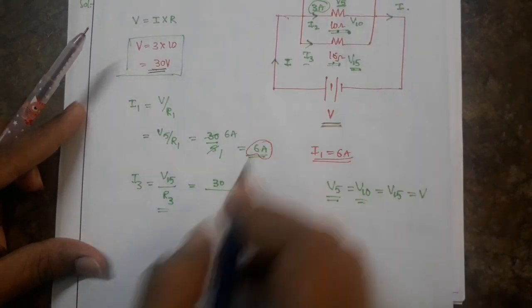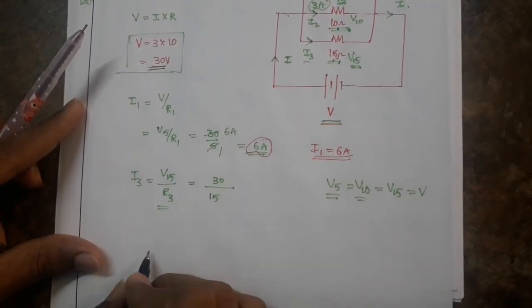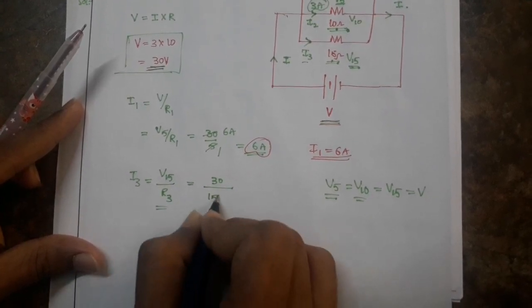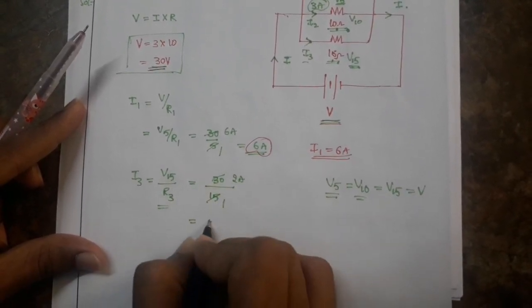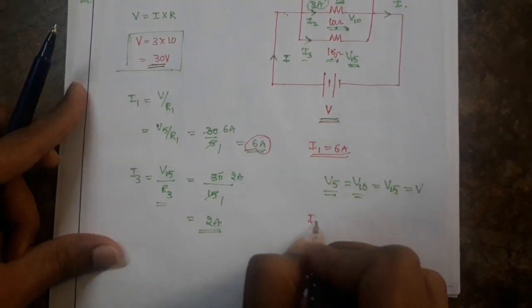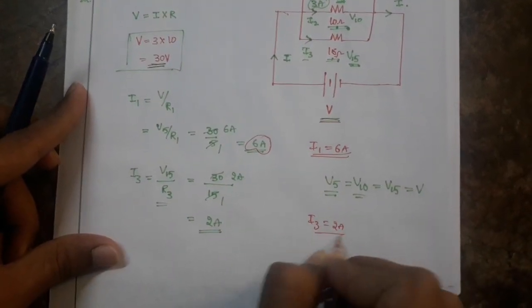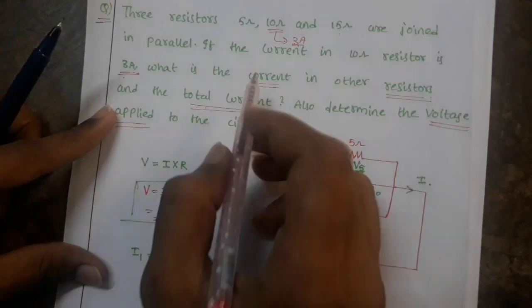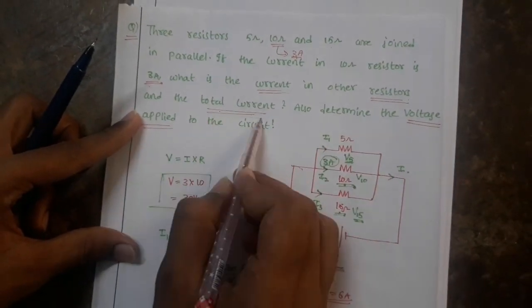R3 we know is 15 ohms, therefore divided by 15. We have got the current of 2 amperes. Therefore I3 equals 2 amperes. We have got the branch currents and we have to find the total current.